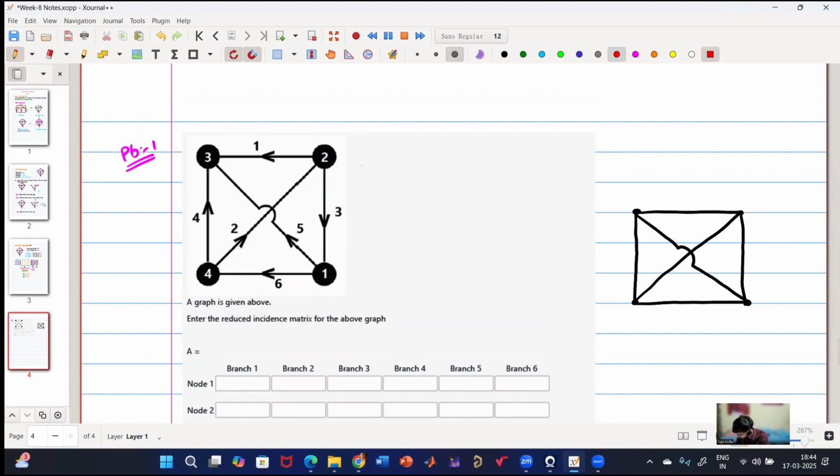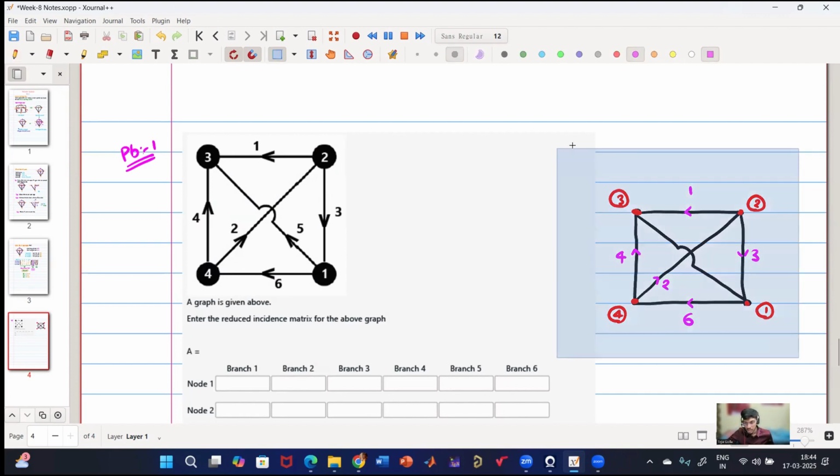These are the nodes, so nodes I'm writing in circles: 2, 3, 4, and then 1. And the elements I'm writing in pink color and normal numbers: 1, 3, 2, 4. And then this is 6.